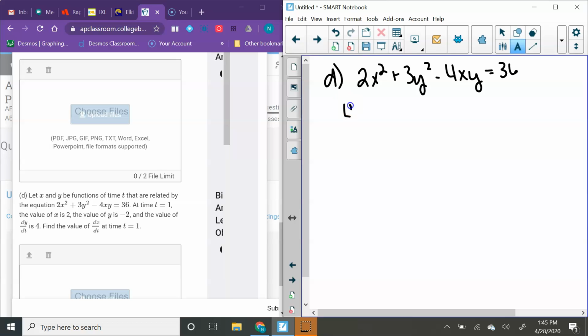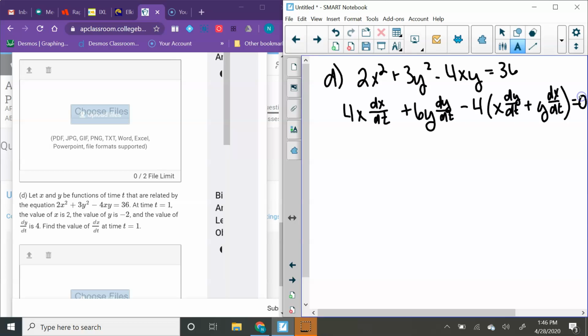So you would have 4x, and then you have to put dx/dt with it. And then you'll have 6y, and you put the dy/dt with it. And then you're going to have 4 times x dy/dt, because the derivative of y is dy/dt, plus y times dx/dt, and this is going to equal 0.